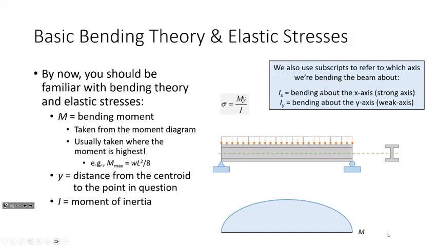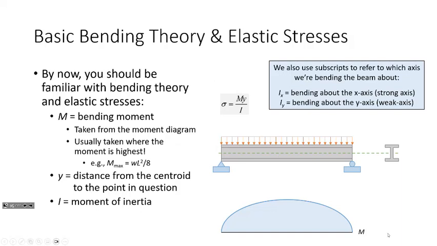So what's M? M is the bending moment. Where does that come from? Well, it comes from the structural analysis that you all learned how to do last semester. Here's a beam, a uniformly distributed load, or whatever loads you put on the beam, and then from that beam we can draw a shear diagram and a moment diagram, and then compute bending stresses from the applied loads on the system.